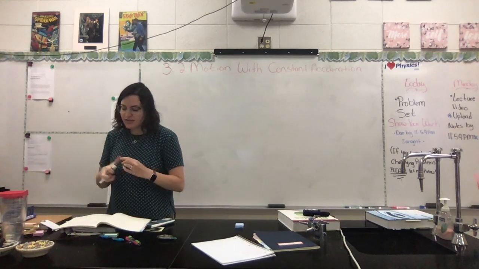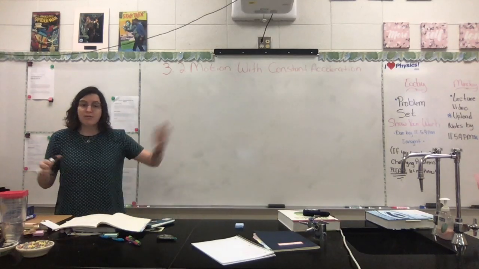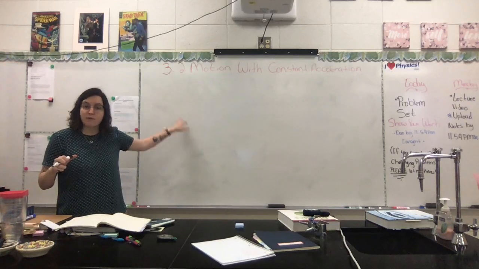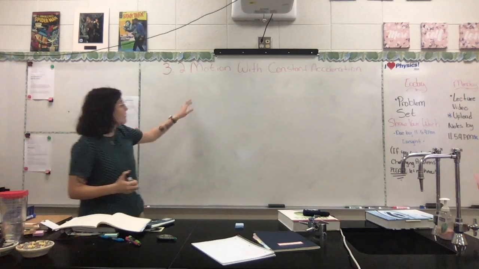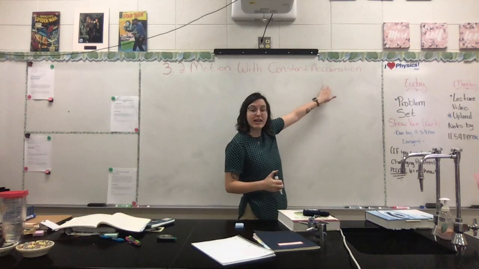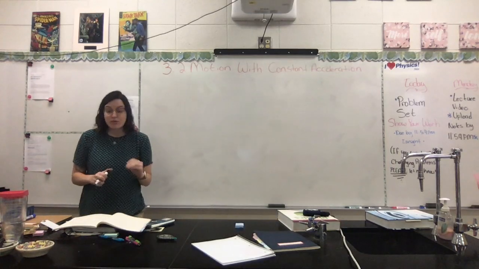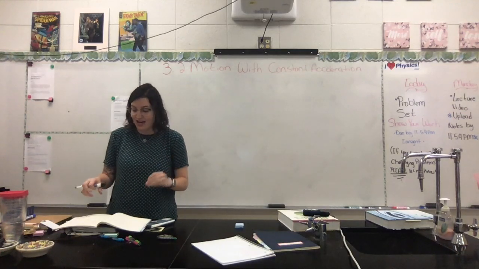Okay, so the next thing to think about is that we just talked about how to find position from a velocity versus time graph, but position is also related to our main topic of acceleration, okay? So position is related to acceleration and time.